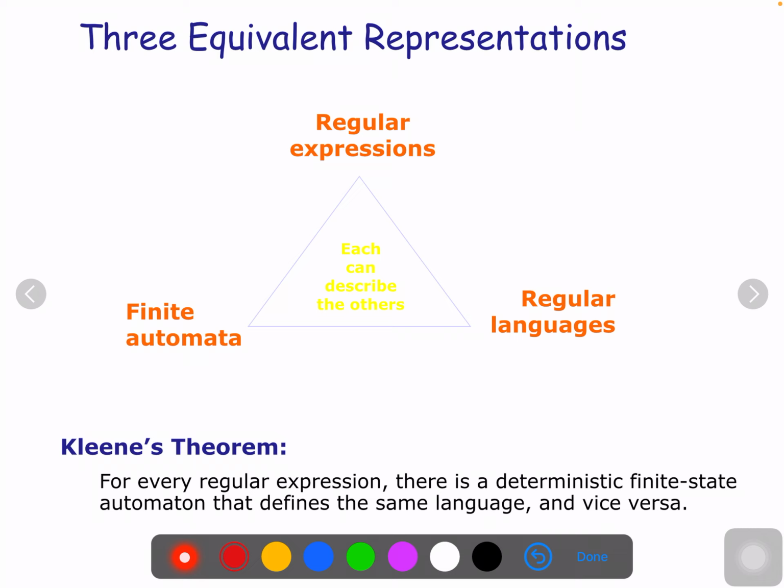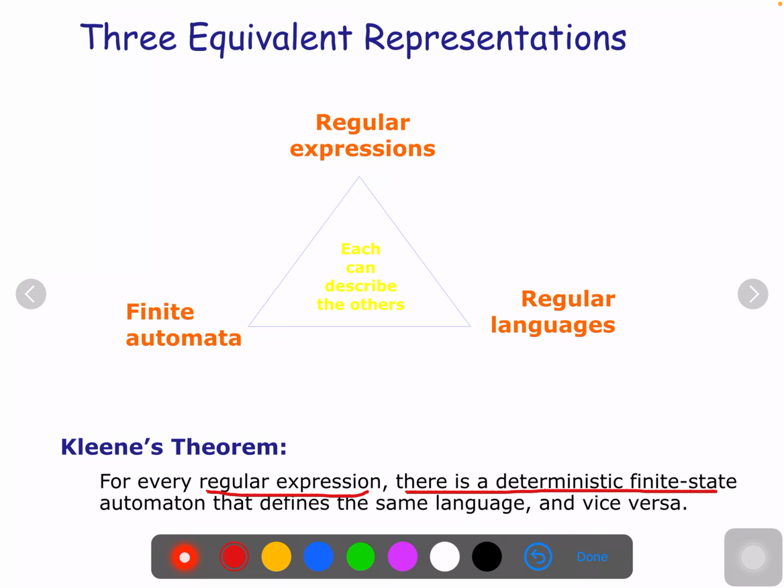Kleene is a scientist, and this theorem is called Kleene's theorem. His statement is: for every regular expression, there is a deterministic finite state machine, or finite state automata, that defines the same language, and vice versa.